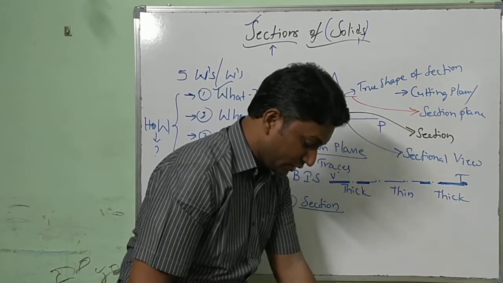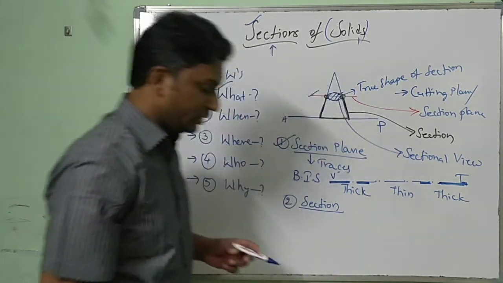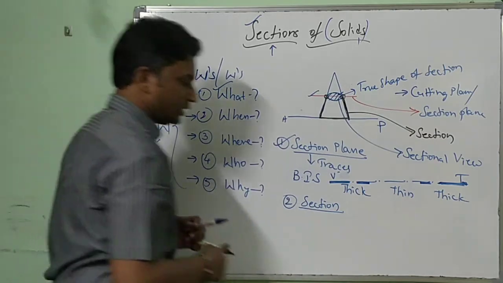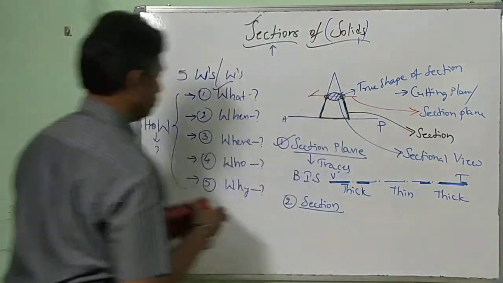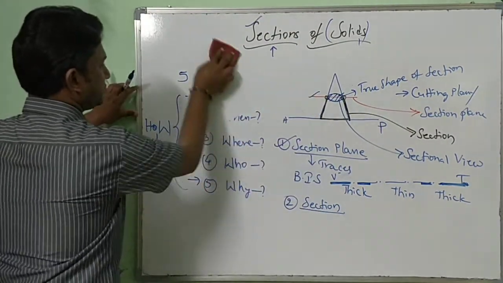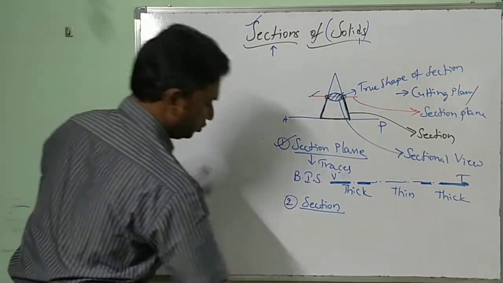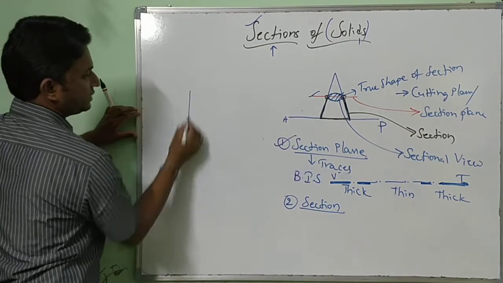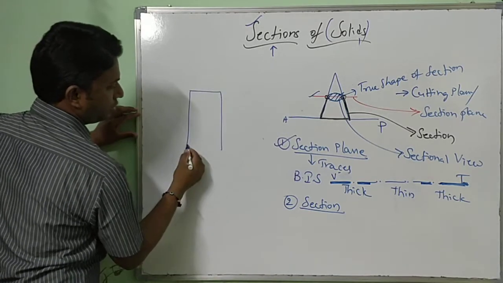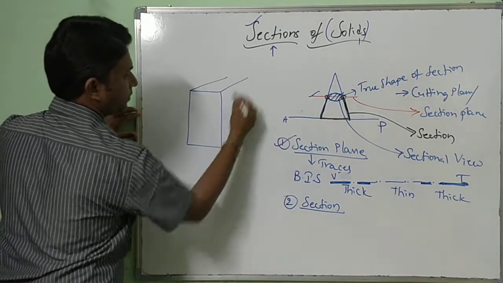It is obtained by projecting on another plane. Let me show you. Let me erase this. I will draw a simple three-dimensional figure and show you. As I said, it's a square prism.